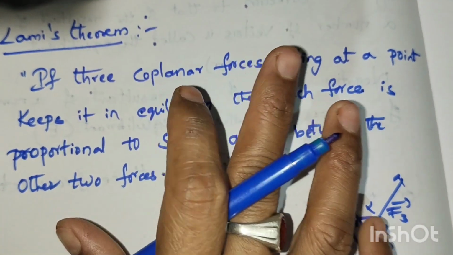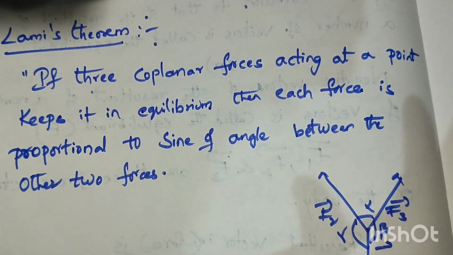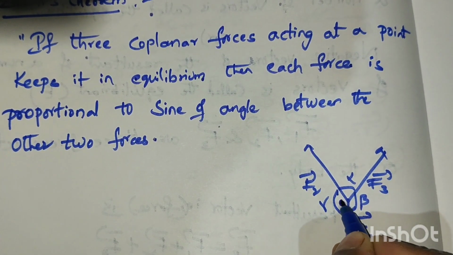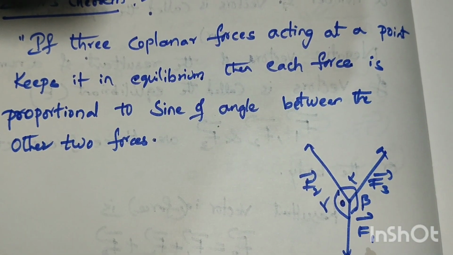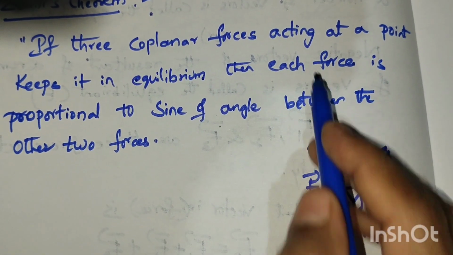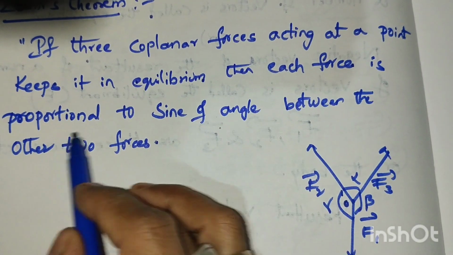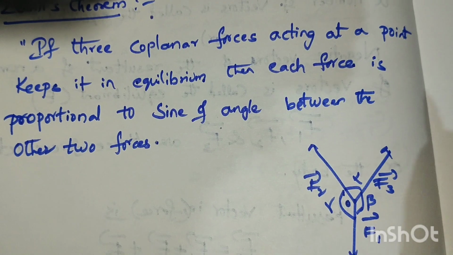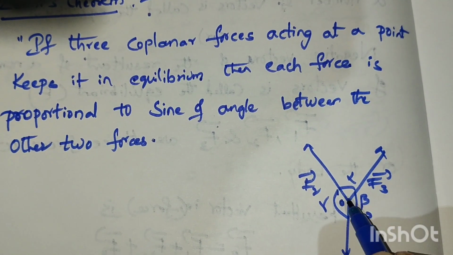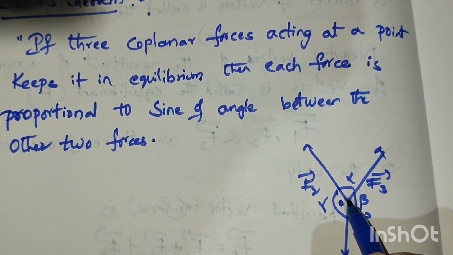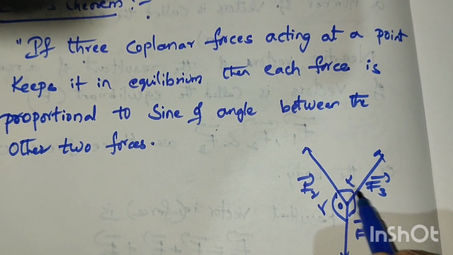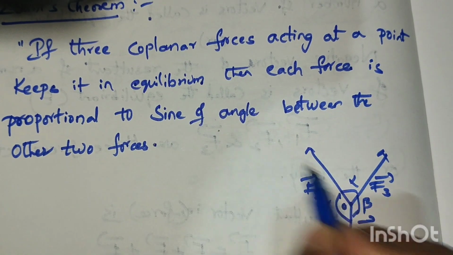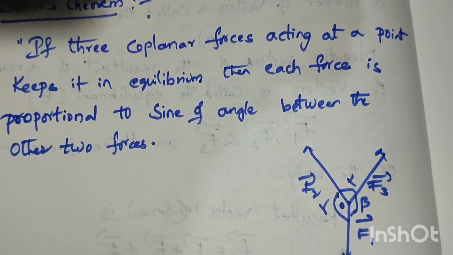Here the three coplanar forces are acting only at one point, that is here O. These three forces will keep the particle in equilibrium. Then each force is proportional to the sine of the angle between the other two vectors.